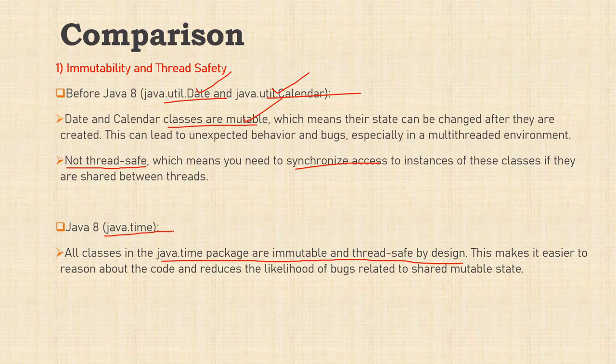So there is no ambiguity and no confusion. All the classes are available inside one package, which is java.time, and all are immutable and thread safe. Before Java 8, the classes were not thread safe. This makes it easier to reason about the code and reduces the likelihood of bugs related to shared mutable state.